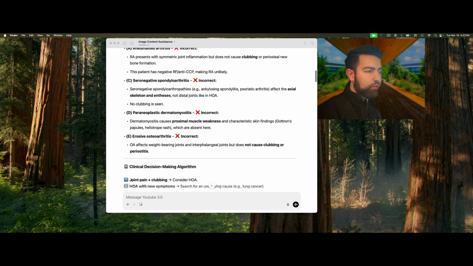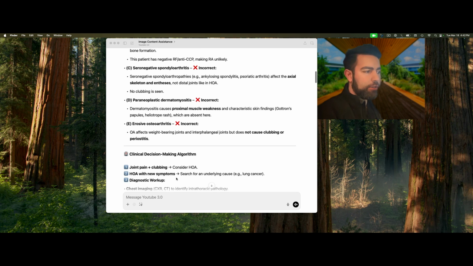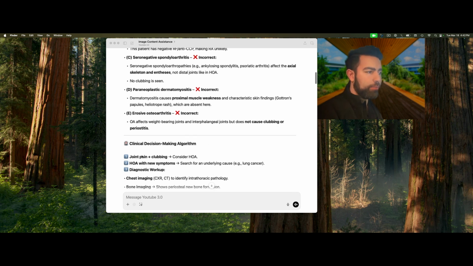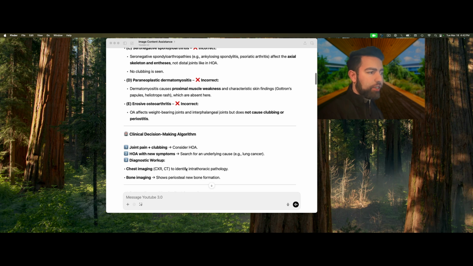So then, going through the clinical decision-making algorithm. Again, joint pain, clubbing, and someone who has a history of smoking, you consider HOA, and you have to rule out underlying lung cancer. The preliminary imaging you can get is a chest X-ray to identify it.